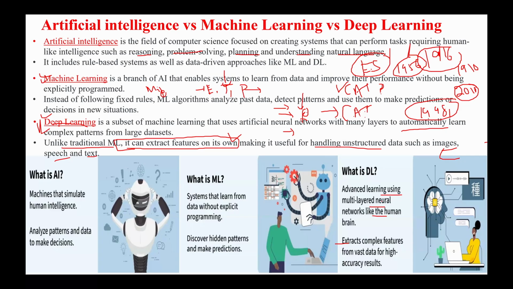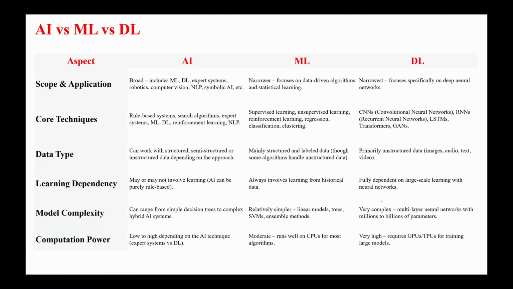Now, when you compare scope and application, AI is the broadest, machine learning is narrower, and deep learning is the narrowest. AI includes machine learning, deep learning, expert systems, robotics, computer vision, natural language processing, and symbolic AI.